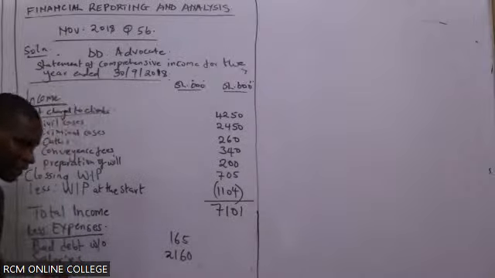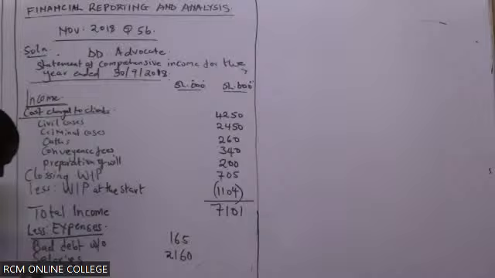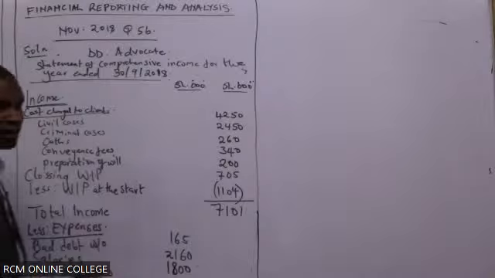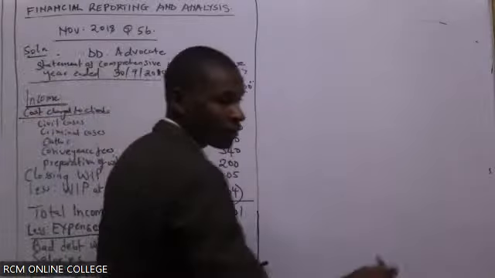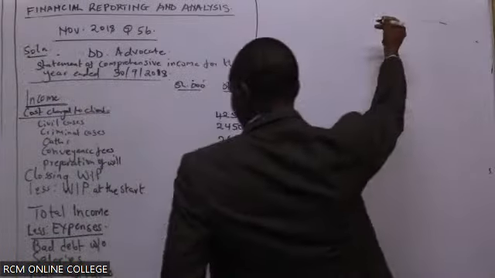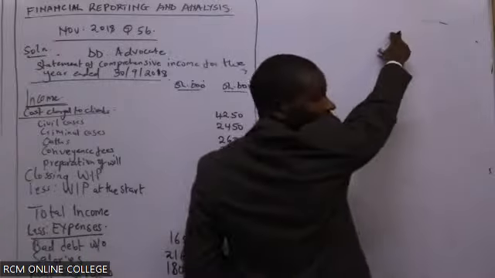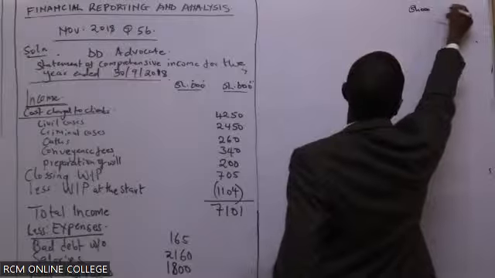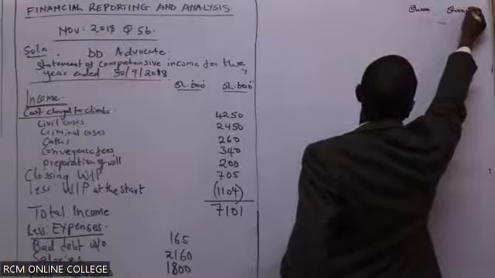How much is rent and rates? 1800. Move to the other side. Rent and rates 1800. This is shillings in thousand here. I hope it's visible.